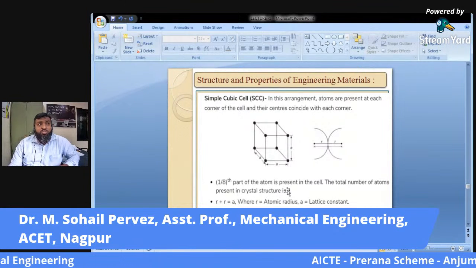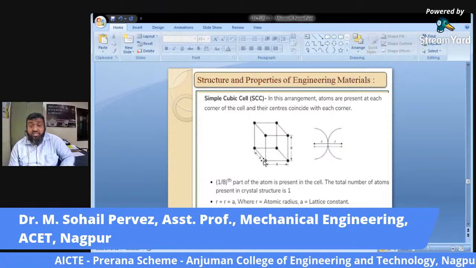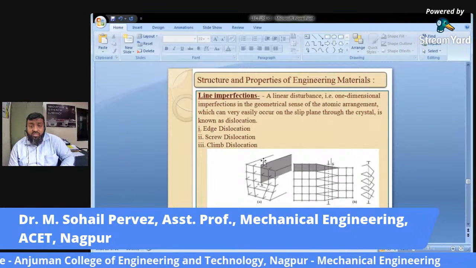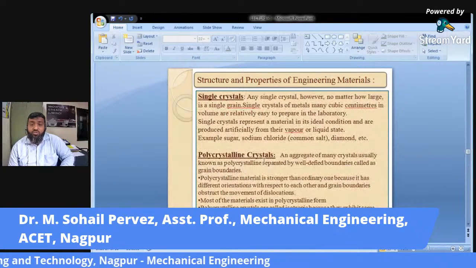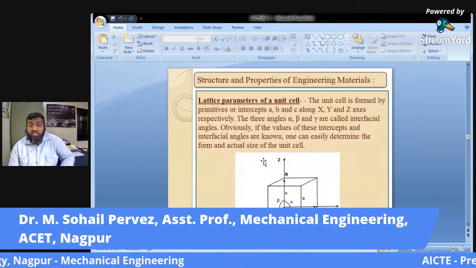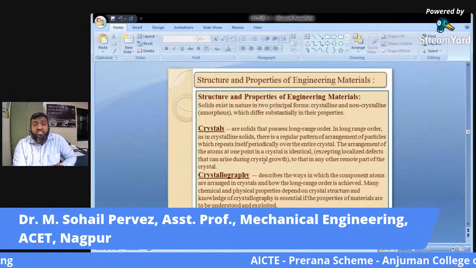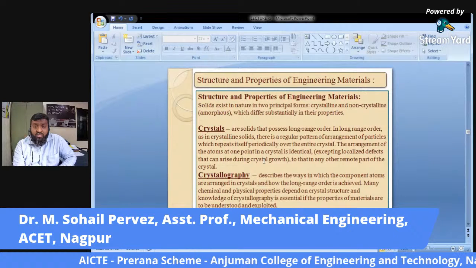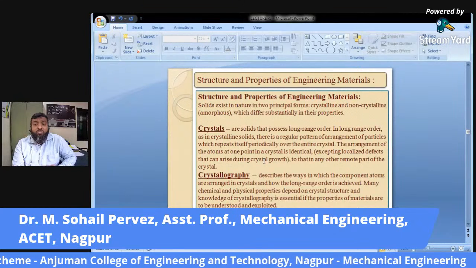When we say a cube or a cubic structure, it has a definite shape. These are the definite shapes which we will definitely be going through in the next slides. So these are the basic structures of crystals. So a small tiny crystal is defined as a solid material having some regular pattern of arrangement of the particle.